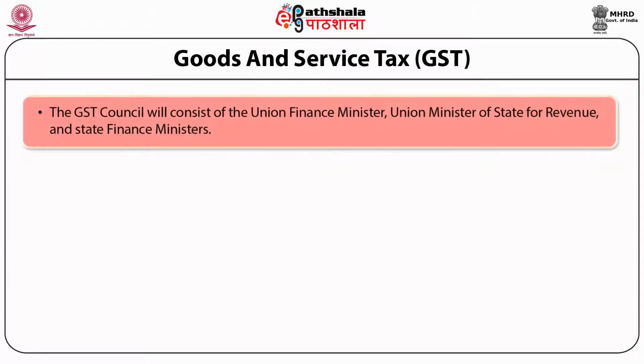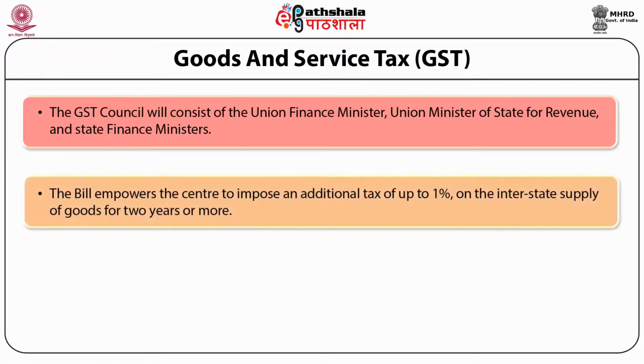The GST Council will consist of the Union Finance Minister, Union Minister of State for Revenue, and State Finance Ministers. The bill empowers the Centre to impose an additional tax of up to 1% on the interstate supply of goods for 2 years or more.